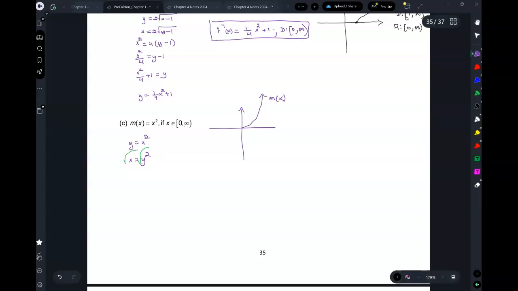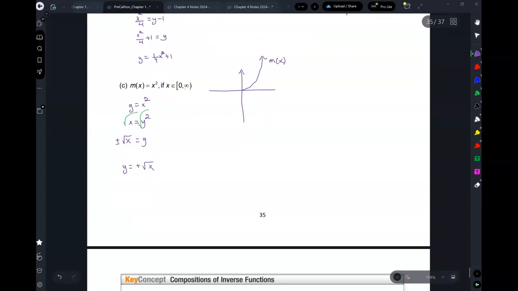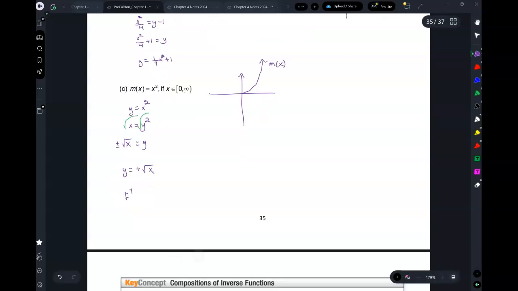Okay, so now y equals plus or minus root x. However, because it's only the positive side here, we just take the positive side. So y equals positive root x only. So f, I know, y was right.